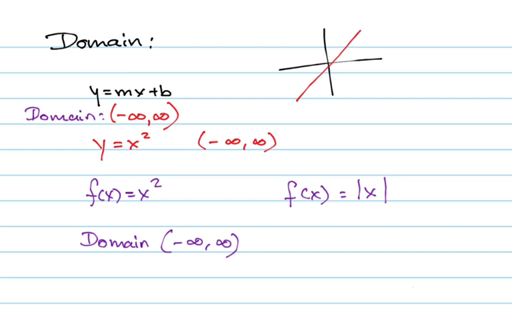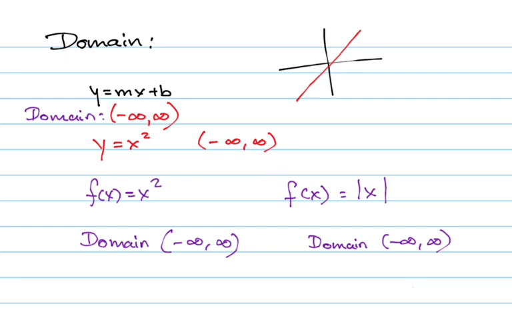Yeah. The absolute value of negative gazillion is positive gazillion, so that would be a y value. The absolute value of a negative 100 is a positive, and vice versa. So yes, again, the domain of the absolute value function is negative infinity to positive infinity.